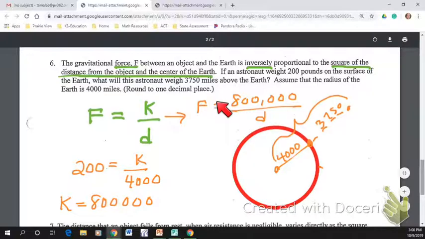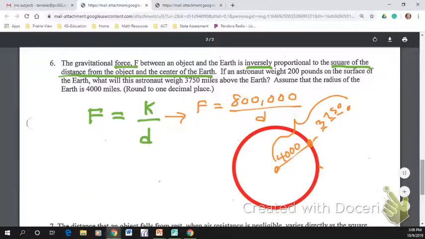Now it tells me that the astronaut is out here 3,750 miles away from the Earth, so now my distance is 7,750. I'm looking for the weight of this astronaut in outer space.